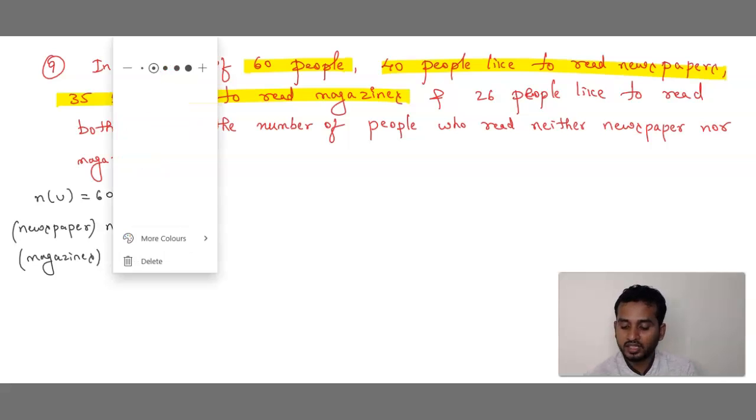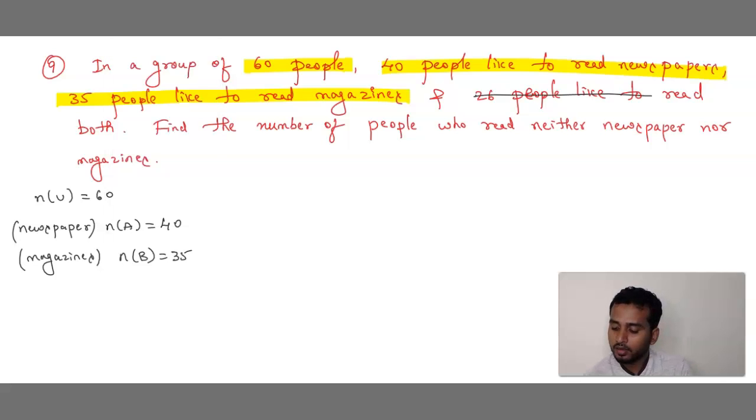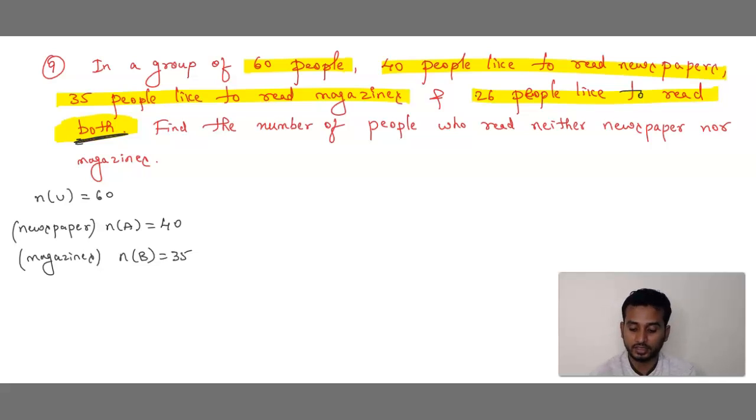And 26 people like to read both. See children, this is a very important condition. Both means common, that is intersection.